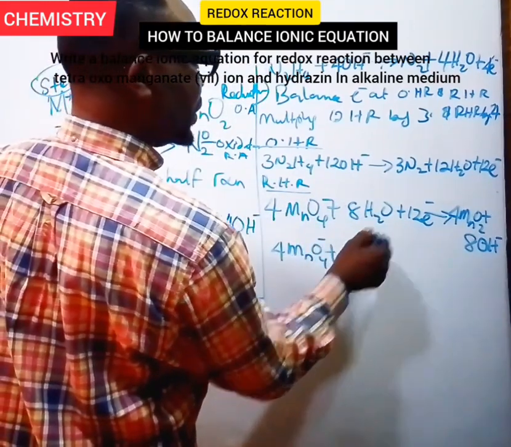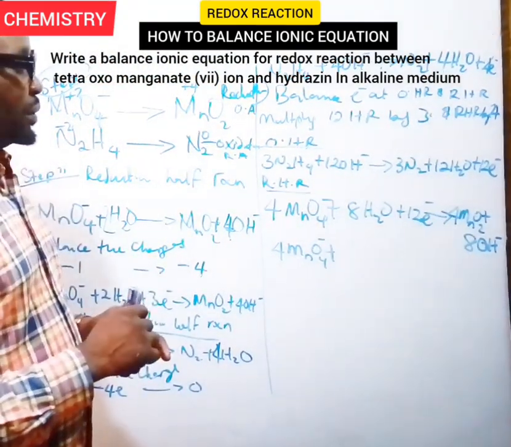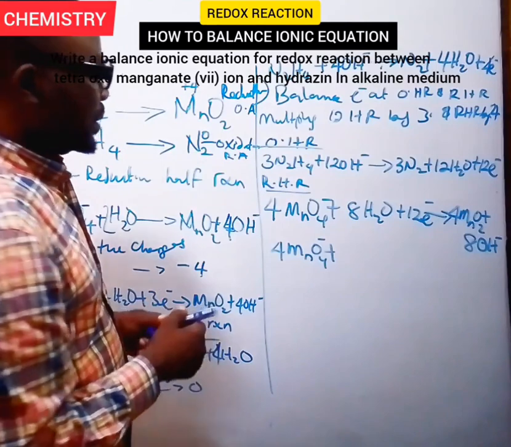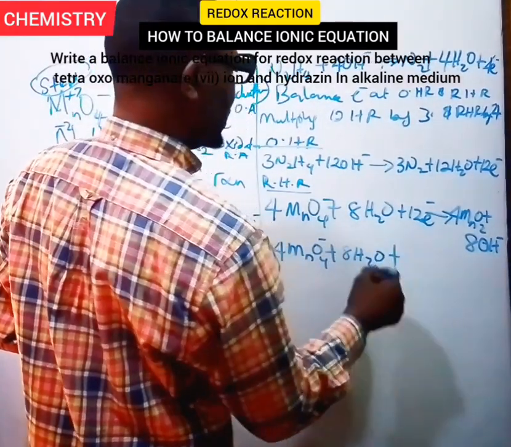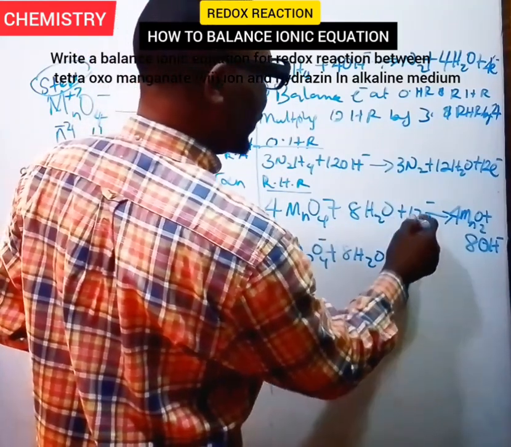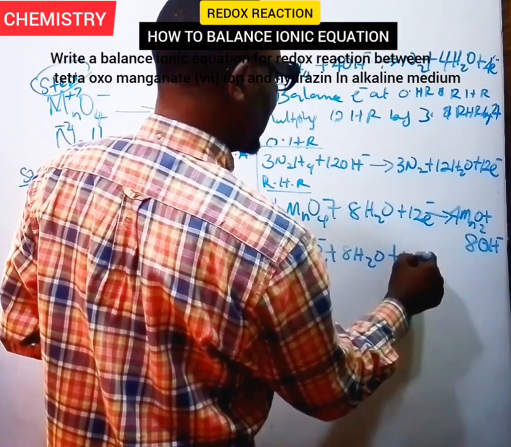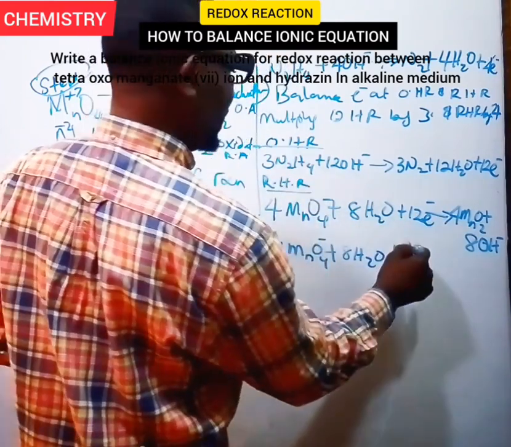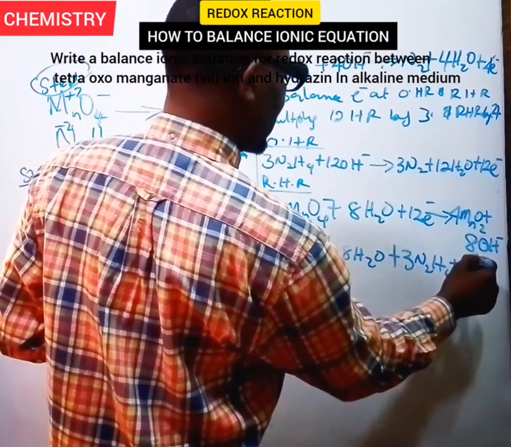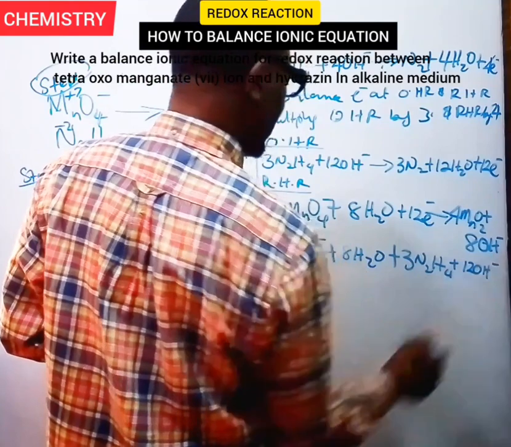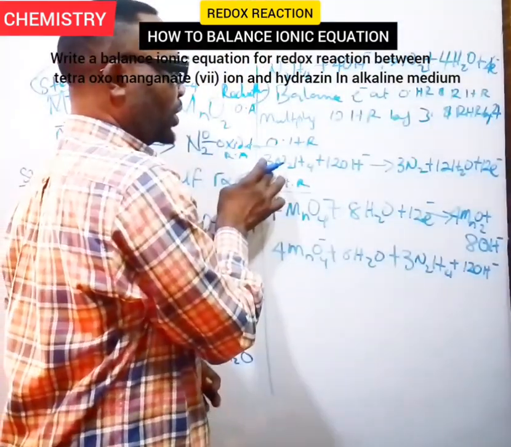There's 12H2O here. Plus 8H2O plus 12 electrons, plus we have 3N2H4 plus 12OH minus. You see, this is what is at the reactant of the oxidation reaction.